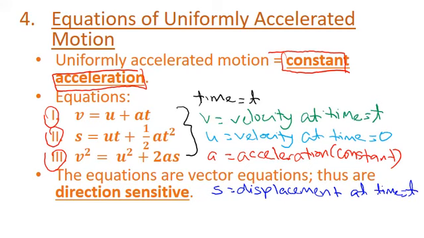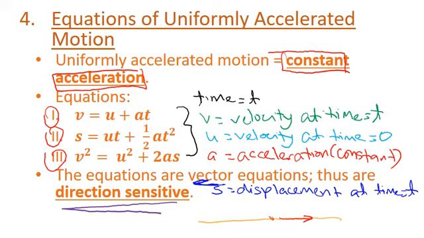Now, be also mindful that these equations are vector equations, so they are very, very direction sensitive. What it means is, let's assume I have a straight line, and I have an object that starts from this position. This object is free to move along this line, so you can move to your right.